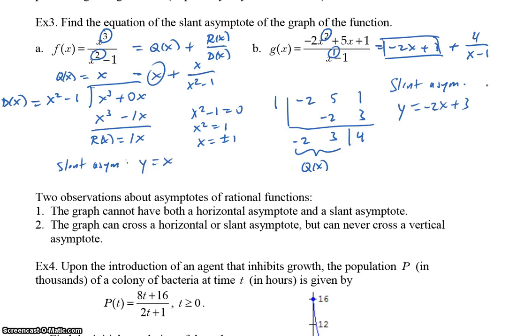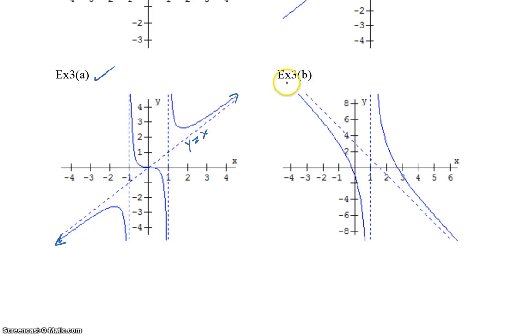So we can find the equation of the slant asymptote by doing a division, but in this case, it's easier to use synthetic division. Here's the graph of example 3 part B, and you can see there's a slant asymptote there, and the equation of that line is y equals negative 2x plus 3, which is what we showed previously.